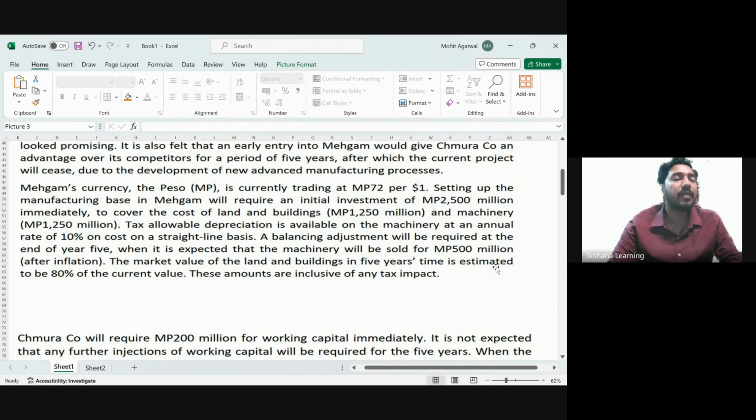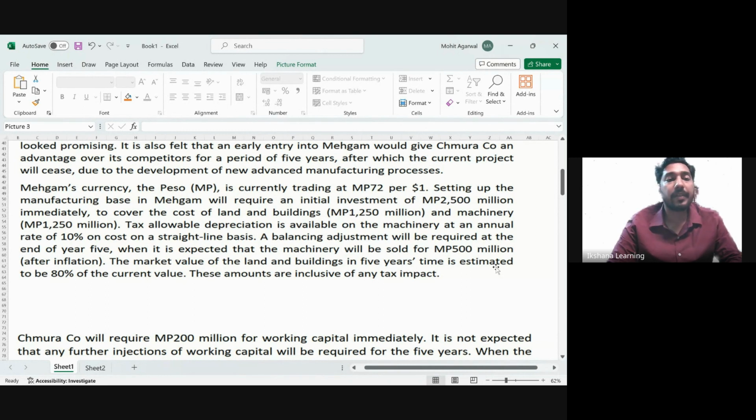Using this, we can calculate exchange rates if interest rates or inflation are given to us. Setting up a manufacturing base in Megam will require an initial investment of MP 2,500 million. We have to solve this question in millions, all of you, because million figures are already quite big, so you don't have to convert to thousands. The MP 2,500 million is needed immediately to cover the cost of land and building: 1,250 million for land and building and 50% for machinery.